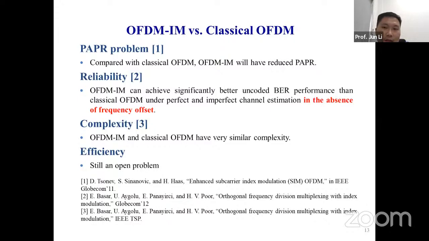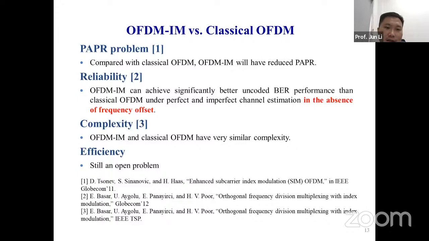Okay, this is the specification of the OFDM IM and the classic OFDM. The first one, which I haven't mentioned yet, is the PAPR problem. Due to the partial active subcarriers, the OFDM IM will have reduced PAPR.